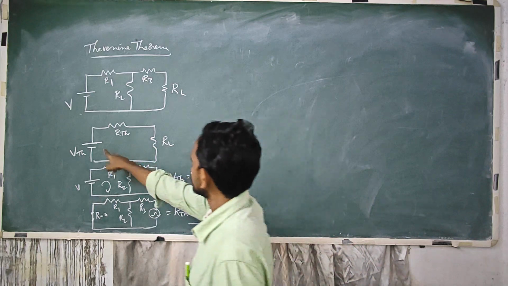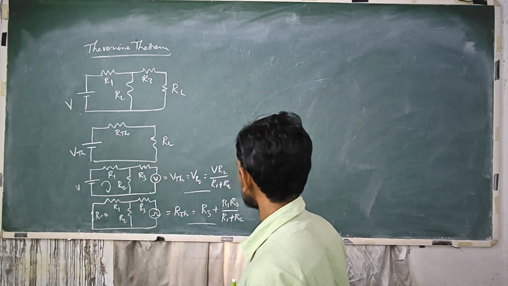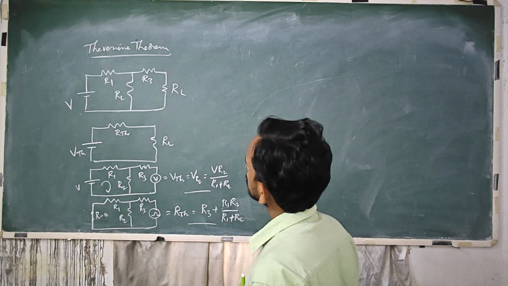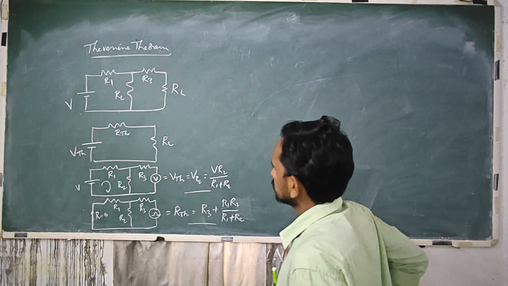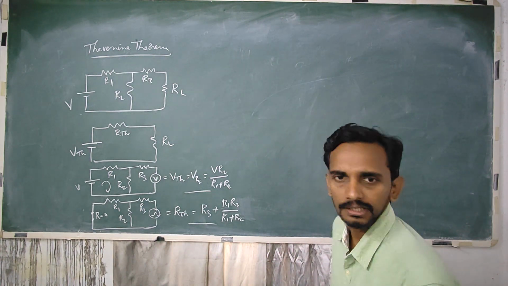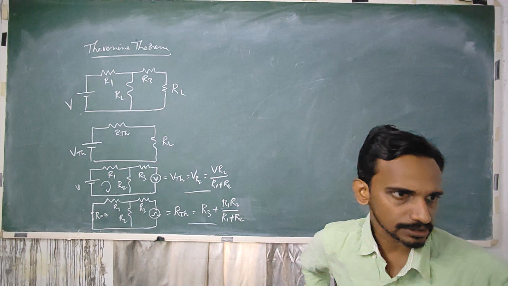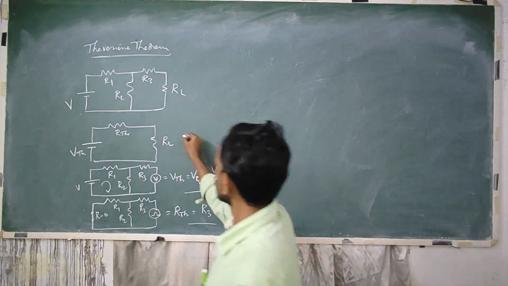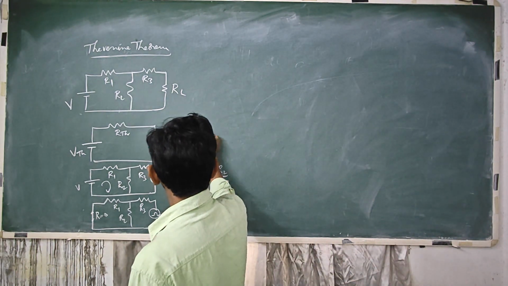So once you fix this VTH and RTH, what should we measure? Voltage across RL. So what is VRL?